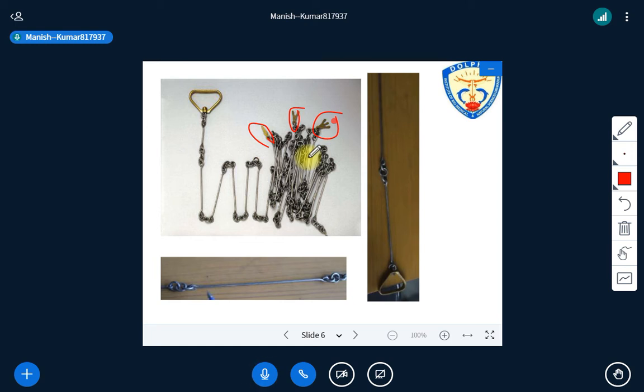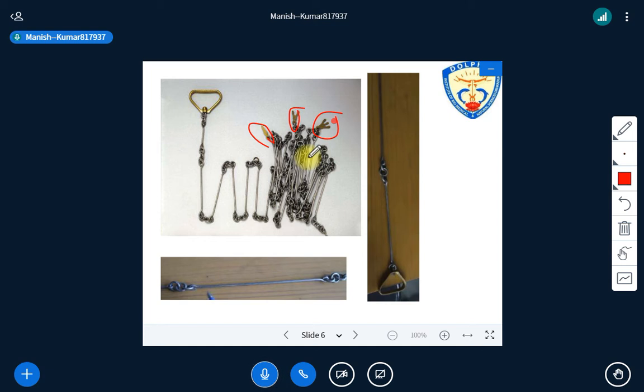And there is one more piece of information: every 1 meter you'll get one small brass ring attached to the link itself. Is it clear? So these are the basic facts about the metric chain.